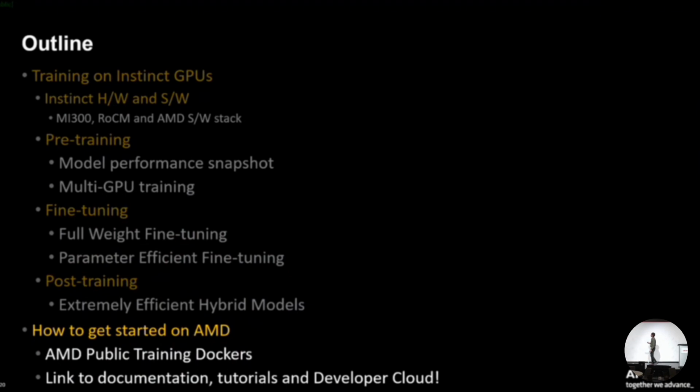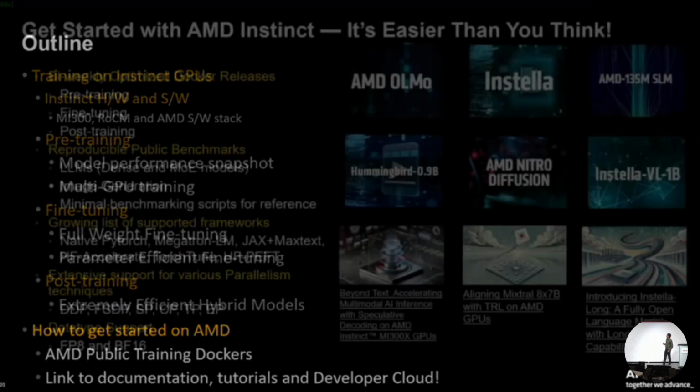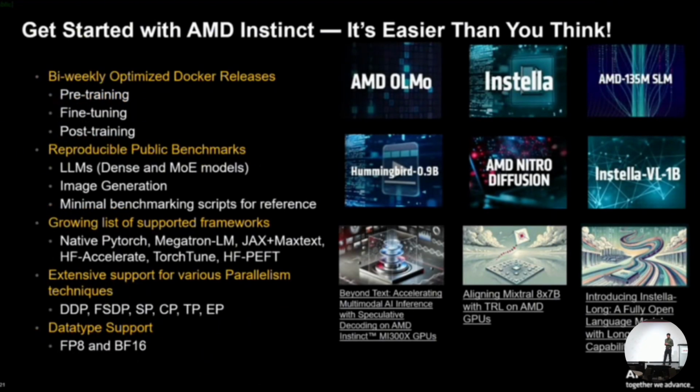I'll just take another couple of minutes to talk a little bit about how to get started on AMD. First thing is, I want to say it's pretty easy to get started on AMD. There's a lot of material out there. We regularly publish blogs on how to get training and inferencing going on AMD. We also release bi-weekly Dockers for training and weekly Dockers for inferencing.